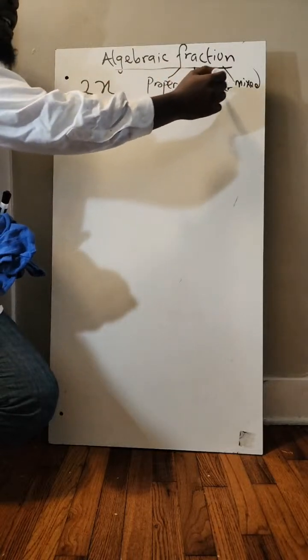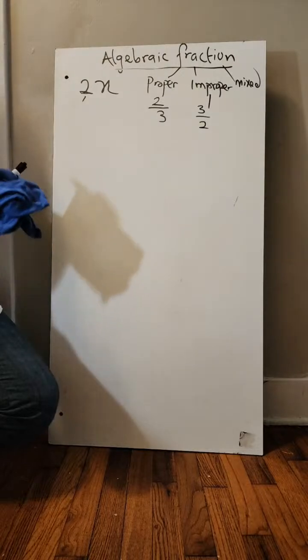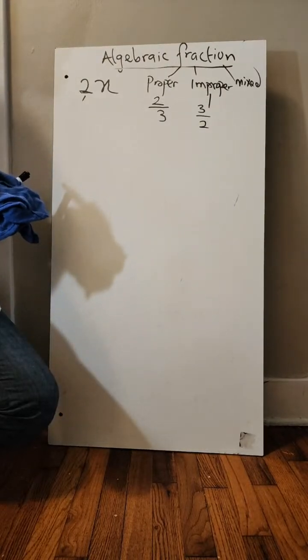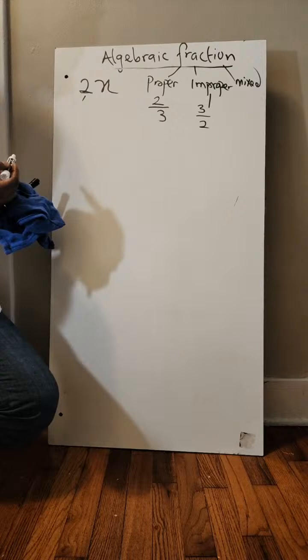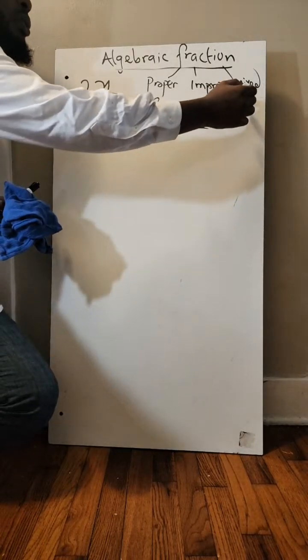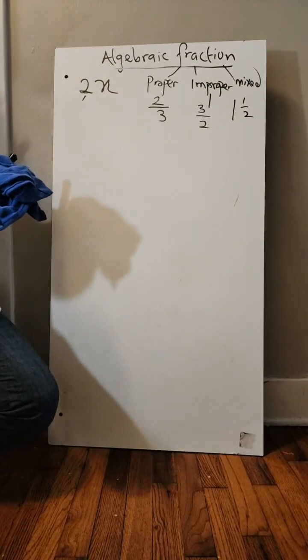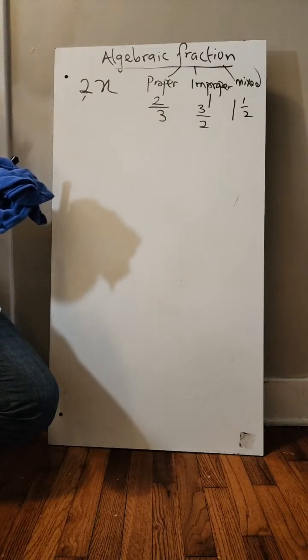But for the improper fraction, it's going to be the reverse. The numerator will always be greater than the denominator. And for the mixed fraction, it is the improper fraction that leads to the mixed fraction, where you can have one whole number and 1/2. This is a typical example of a mixed fraction.